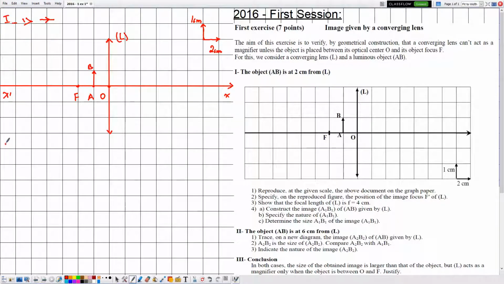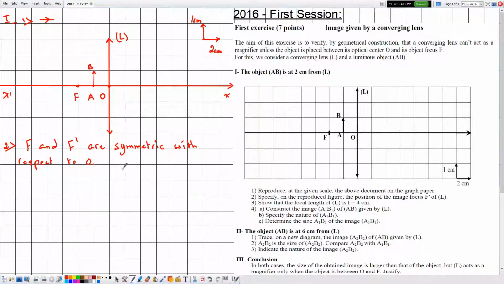Now in number 2, they are telling me specify on the reproduced figure the position of the image focus F' of the lens L. So we know the position of the object focus, and we can deduce the position of the image focus F' because we know that F and F' are symmetric with respect to O. So by specify, it means that we need to justify.